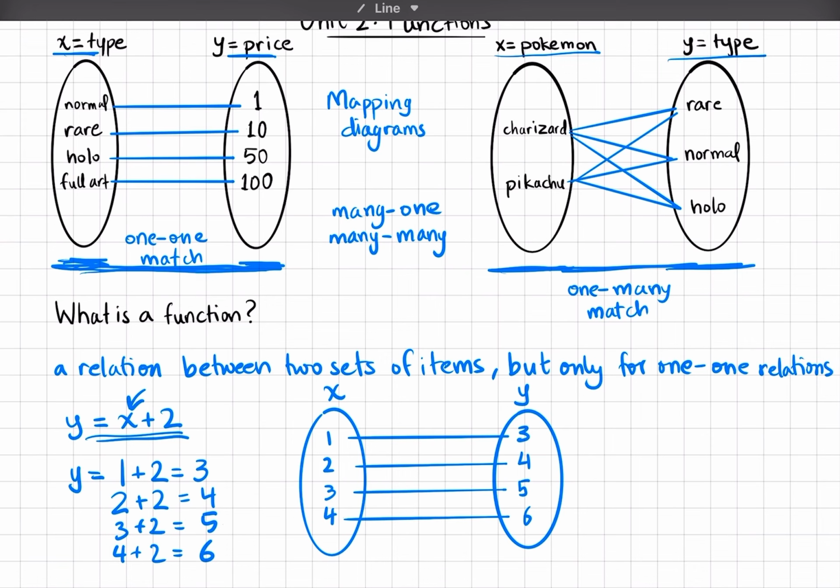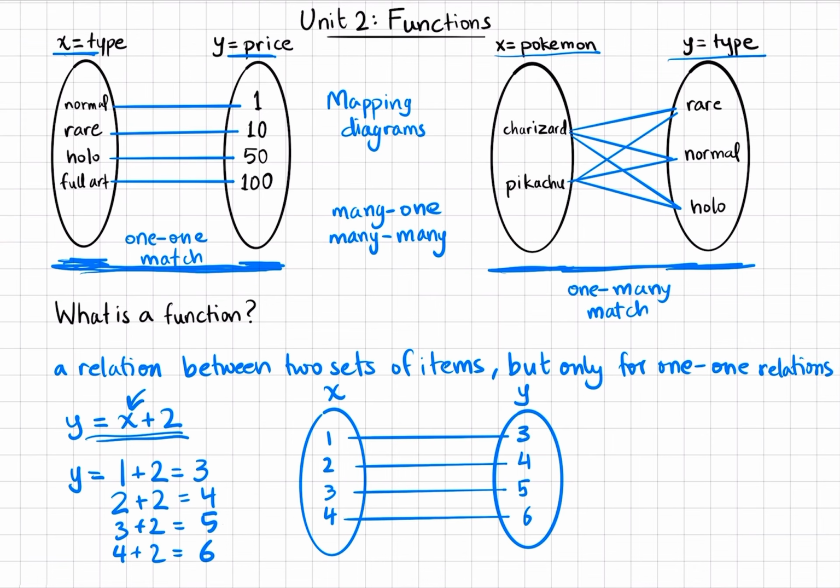Okay, now there's something else you need to know, which is how to write pairs of items together. So eventually, I also want to show something called ordered pairs. And this is just a way to group my x and y together. So it always looks like this. Brackets, curved brackets, x, comma, y, and then close with another curved bracket.